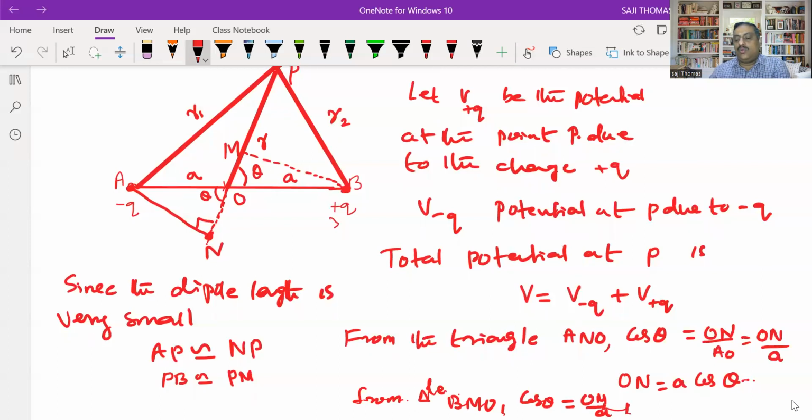So we can write OM as a cos theta. So this is the explanation of the diagram till now.